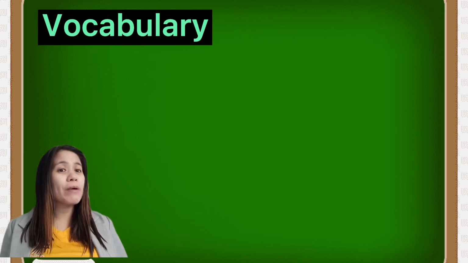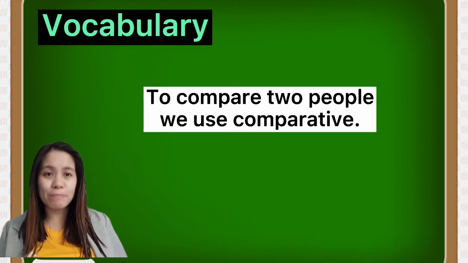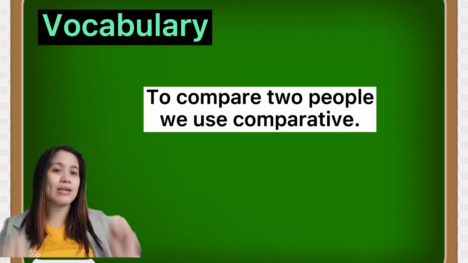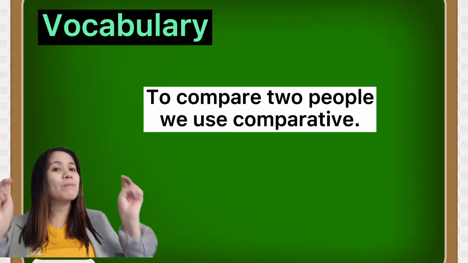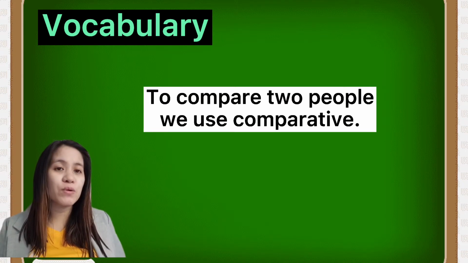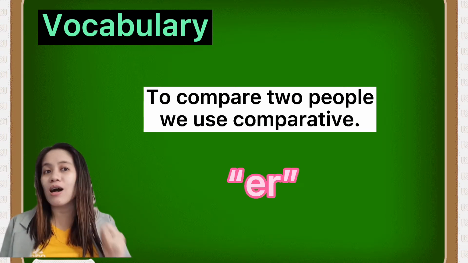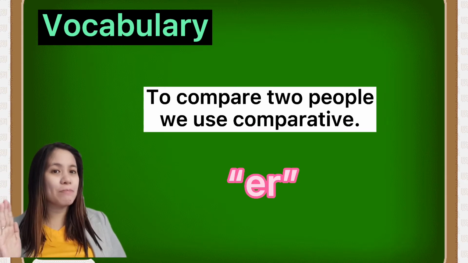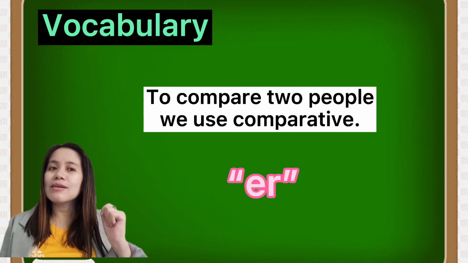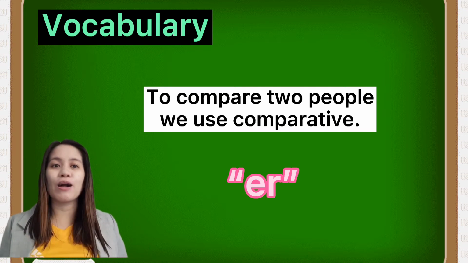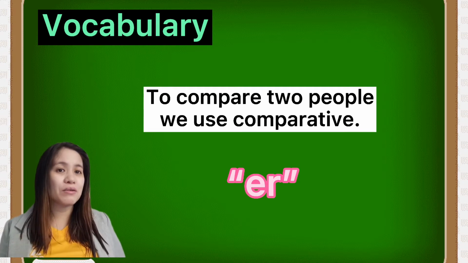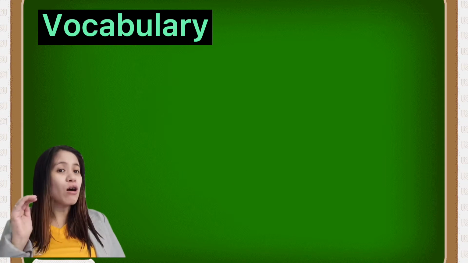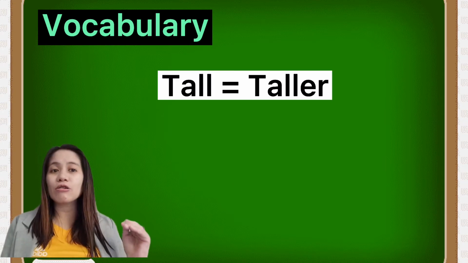And now to compare two people, we are going to use the comparative. So remember, for comparative, we add ER to the words that describe the people. So that is comparative, when we describe two people. Okay, so tall, it will be taller.